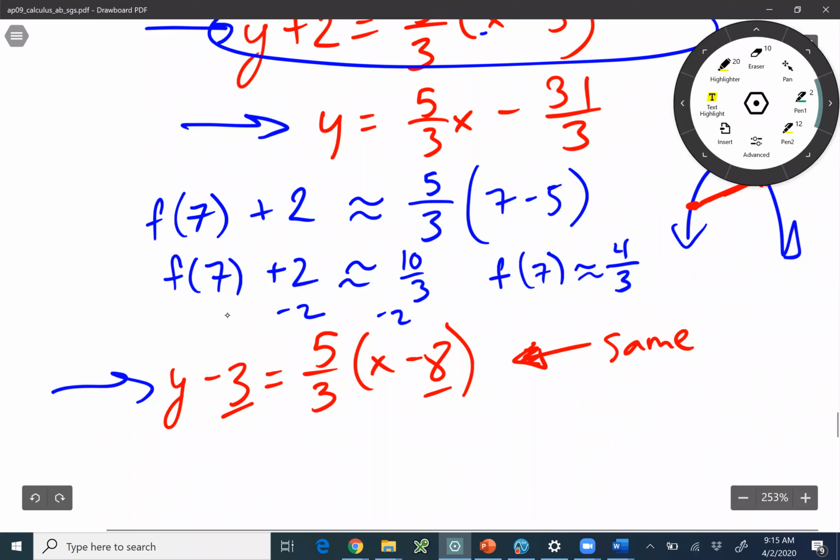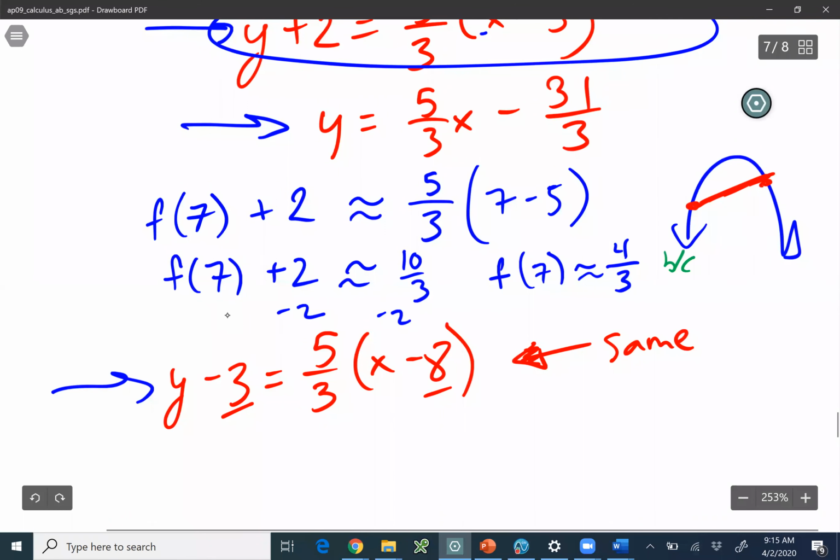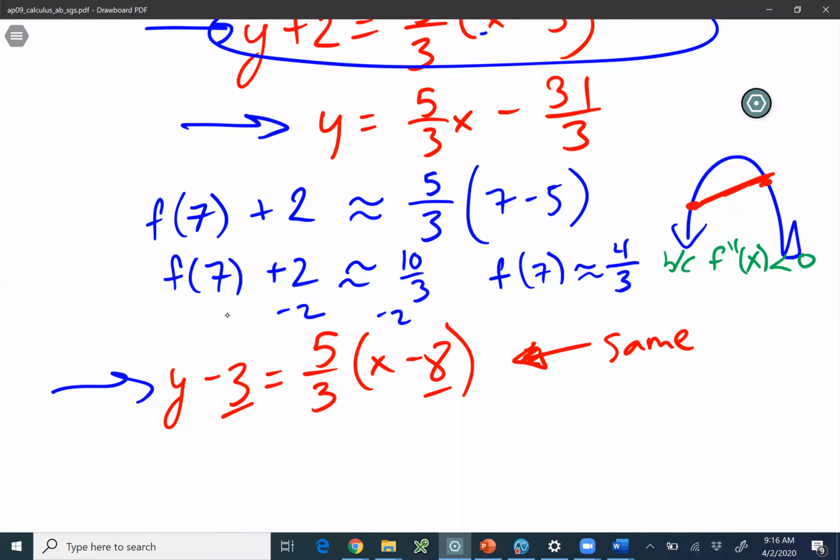So we would say something like, because f double prime of x is less than 0, or you could have said the same thing because f of x is concave down, the secant line is an under approximation.